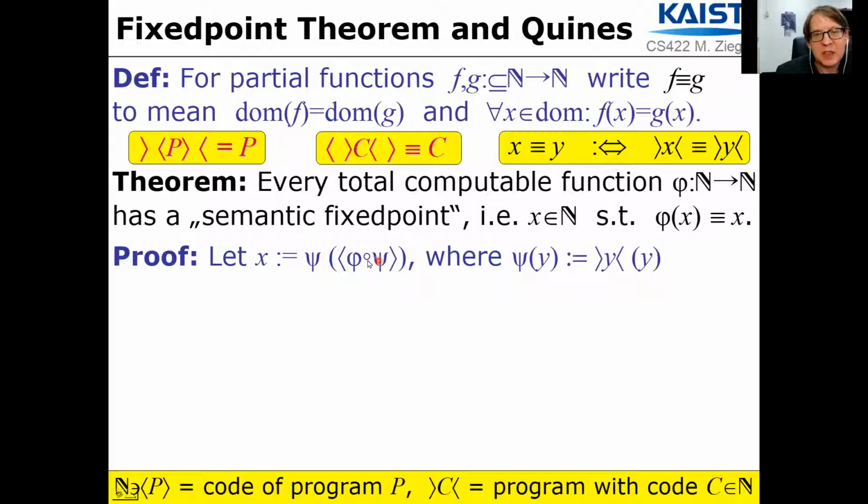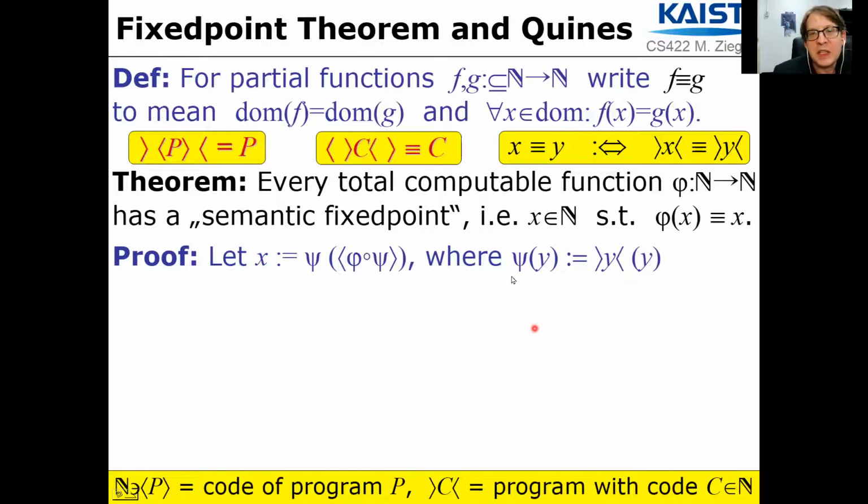So what you see here is the composition of two programs and the code, the natural number representing the composition of these two programs. And we feed this natural number into the computable function psi in order to receive as value a natural number. And this is going to be our x, and then we'll verify that x is indeed a semantic fixed point.